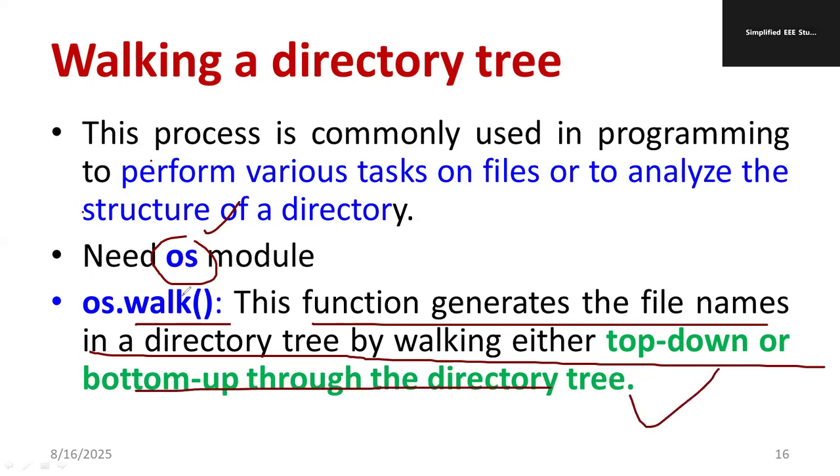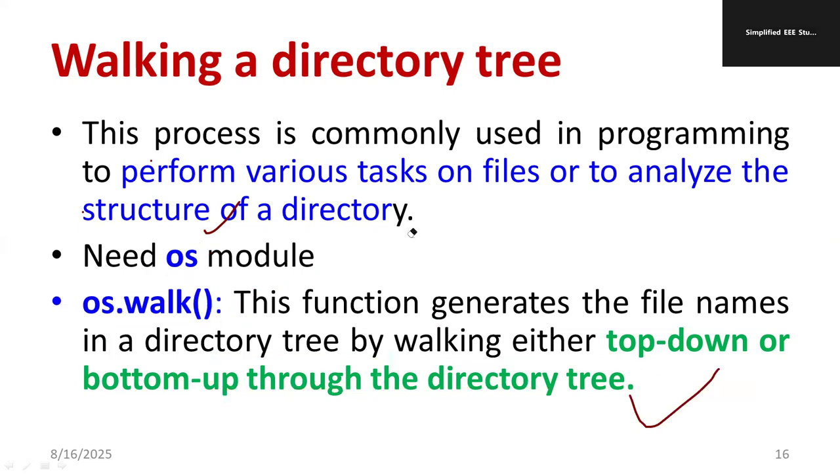That walking will be done with the help of the OS module followed by the built-in function called walk. So we can check how the files or directories have been organized in a computer. We can verify by using os.walk. It generates the file names in the directory tree, either going up and down or down and up, right?